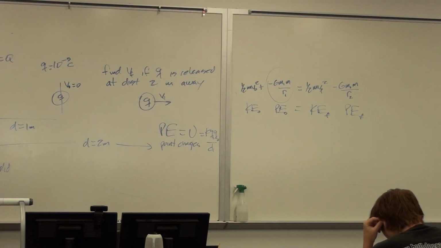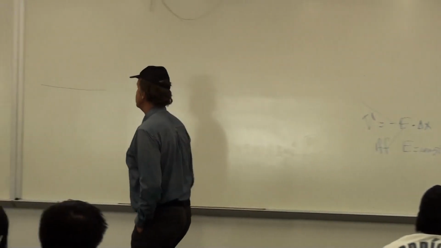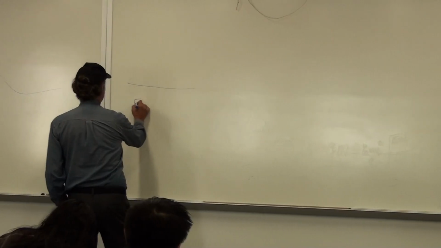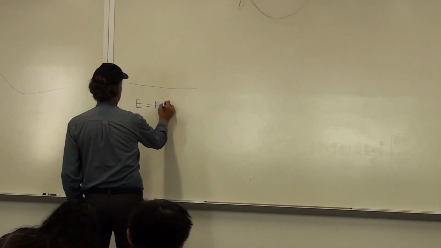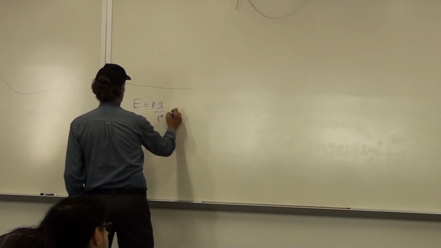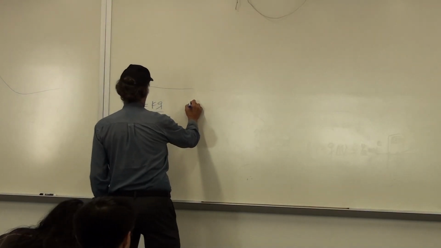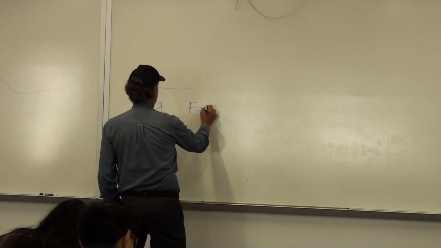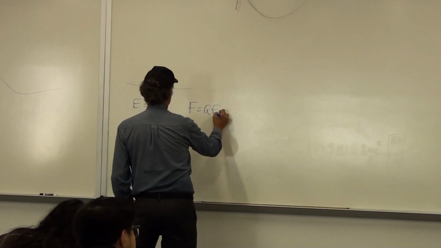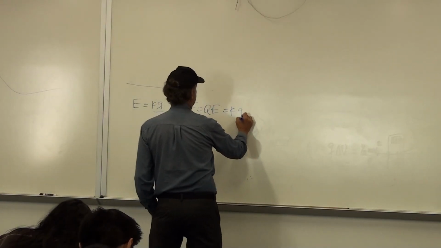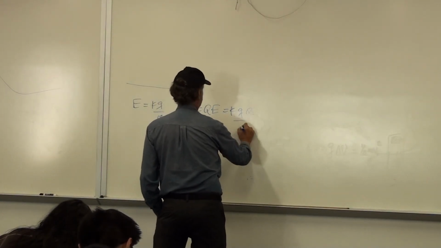So be careful now, because we've got a lot of relationships here that look similar. E looks like kQ over r squared. F is qE, so that's k little q big Q over r squared.